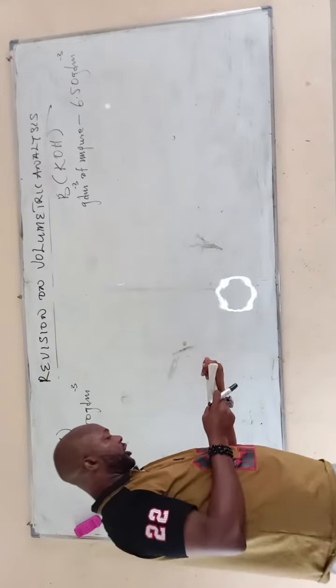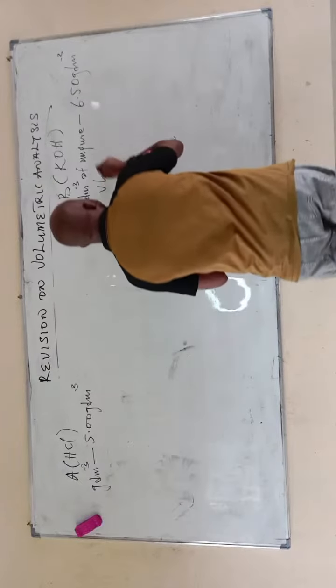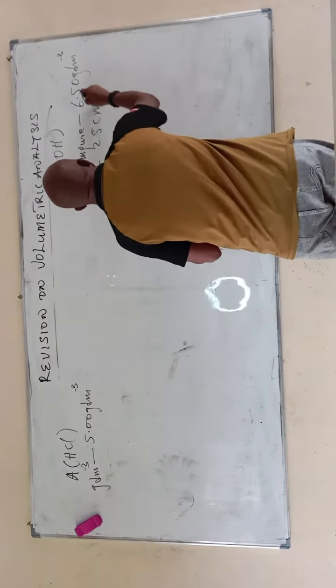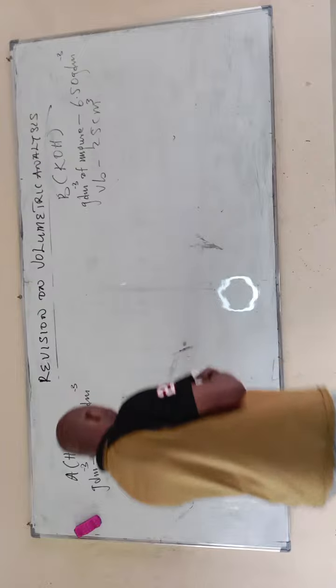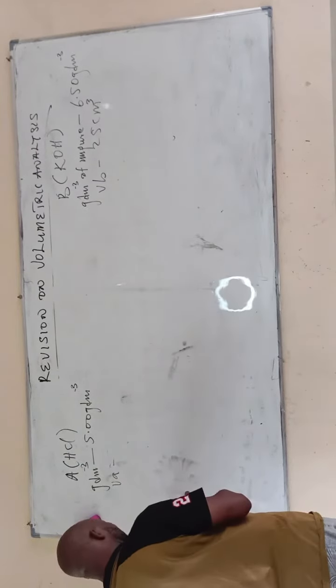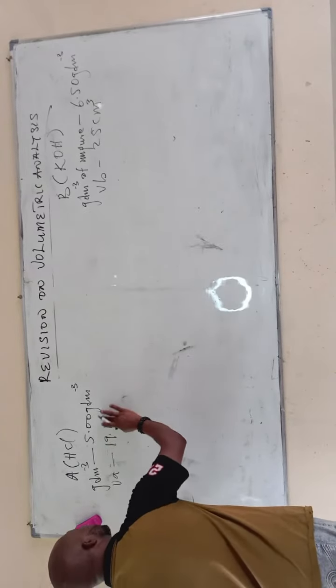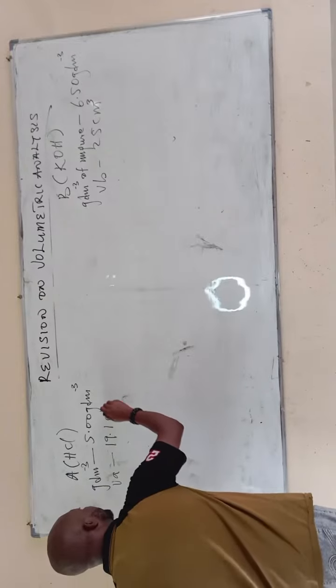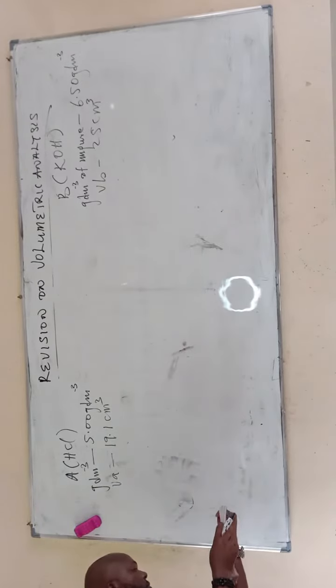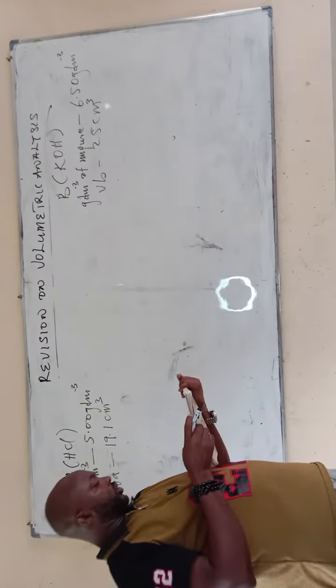In a titration exercise, 25 cm³ of B, so the volume of the base is 25 cm³, and the end point, which is the volume of the acid, is 19.10 cm³, was carried out. We should calculate the concentration of A.